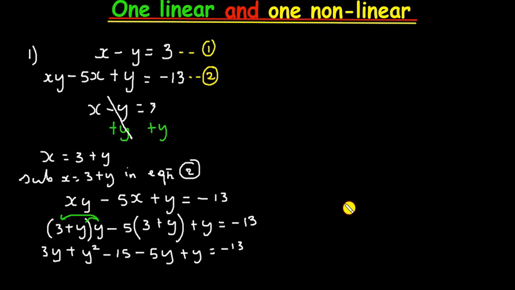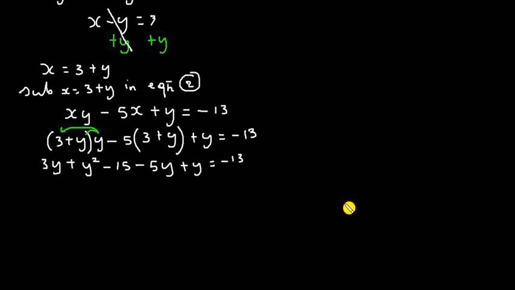We are still simplifying. The king will lead and the subjects follow. The leader will lead and everybody else will follow. Who is the leader? We look at the crown here. We have the power 2. This is the leader. So he will lead. y squared. And the others follow.